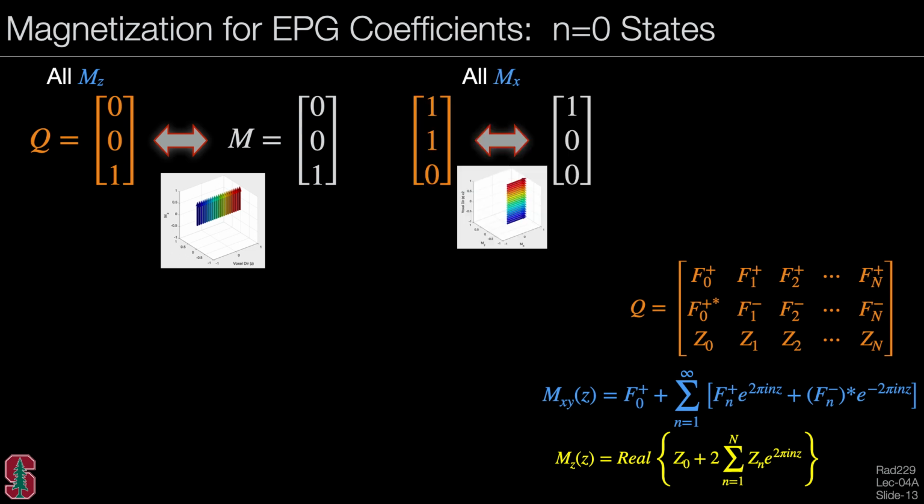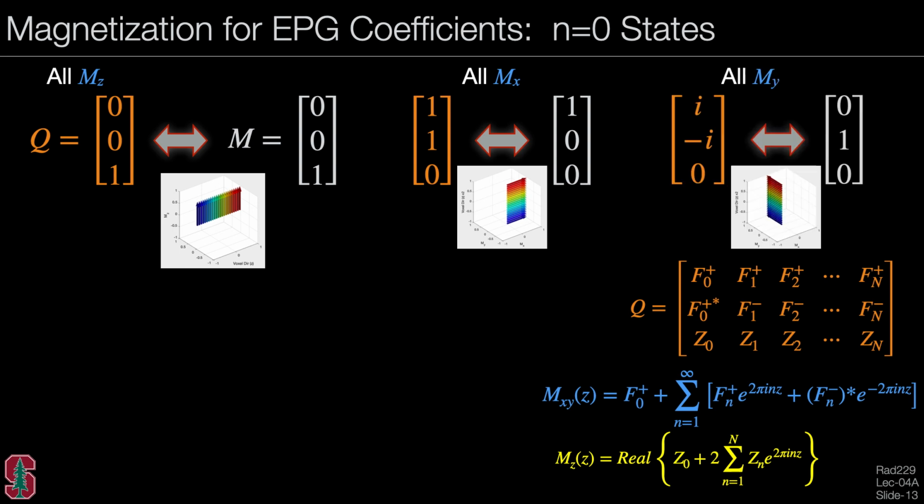If all the magnetization is along MX, we notice the relationship between F plus 0 and F minus 0. So both of these are 1s, and this corresponds to MX. If all the magnetization is along MY, we now have an i and a minus i, again complex conjugates, that gives us MY.